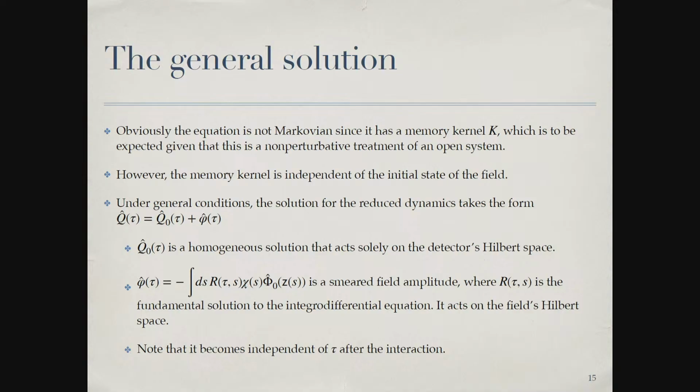Here, small phi is just the field amplitude along the trajectory, and this guy here is the fundamental solution associated with the integro-differential equation, which under some general conditions still exists, even if the equation is integro-differential. It has to do with things like the Fredholm alternative and stuff like that, if you're into that.